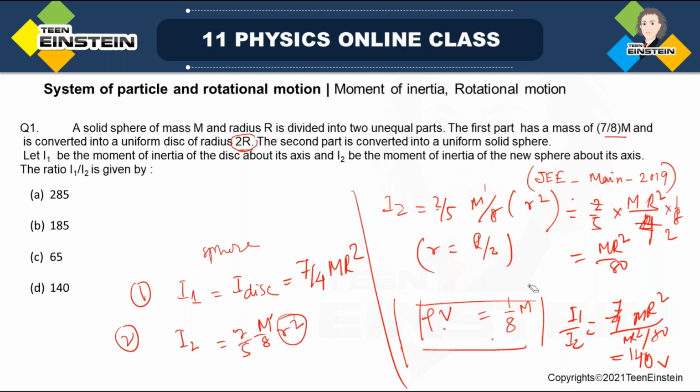Let me not write the unit here. I hope you have understood what we have tried to do. One is a disk, another one is a sphere, and the mass was given as 1/8 of the mass of the main sphere. So this ratio is 140. That means this option will be the correct answer for this.